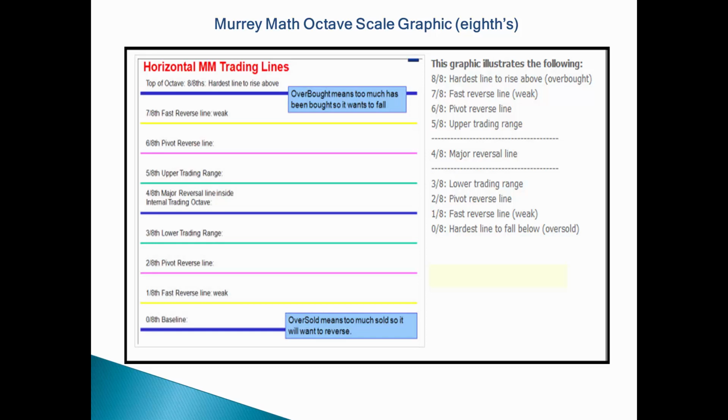All right, it's all part of the software, and again we've used the convention here of the labeling. So for instance, a 6/8 would be a pivot reverse, whereas a 2/8, which is the opposite to the downside, is also a pivot reverse, etc., etc.